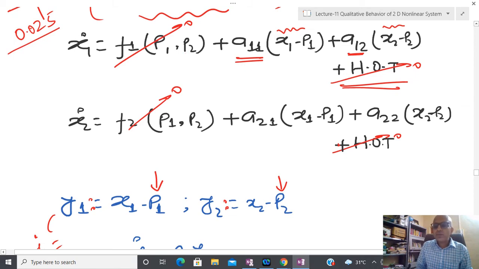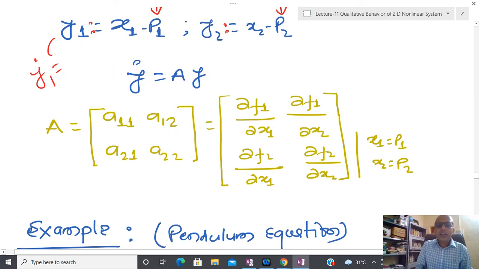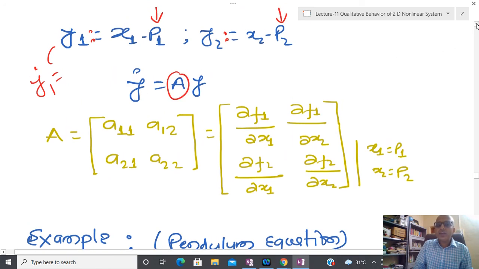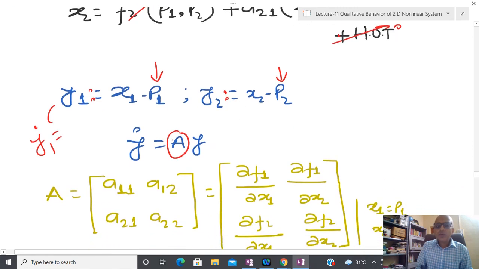Then I collect all the terms inside this matrix A, and on the right hand side you can see I have x1 minus p1 and x2 minus p2. So basically this y is a vector that contains x1 minus p1 and x2 minus p2.